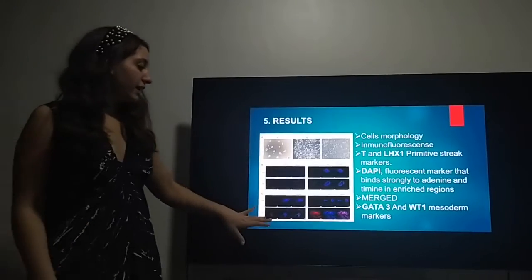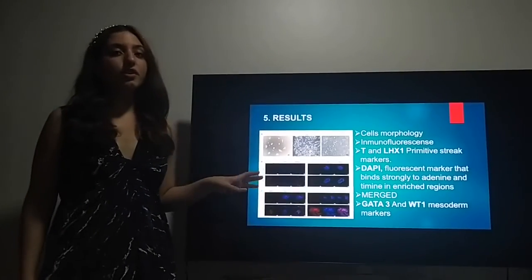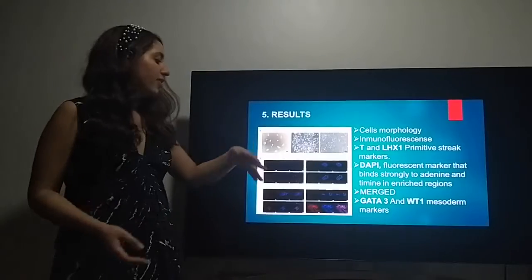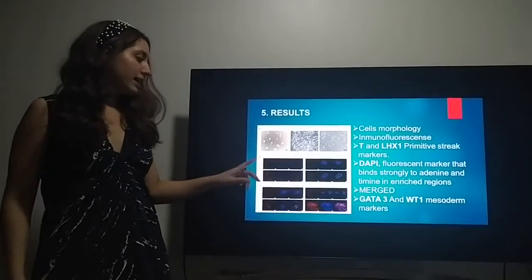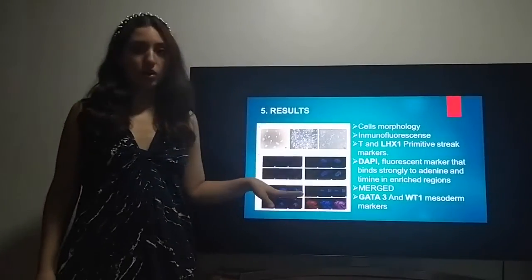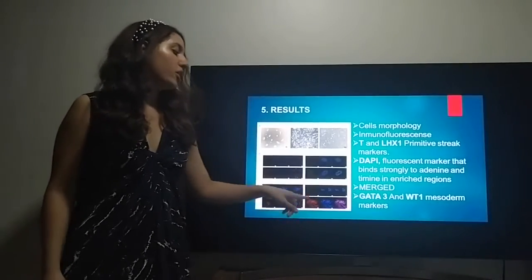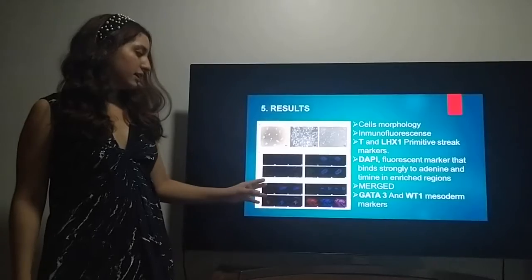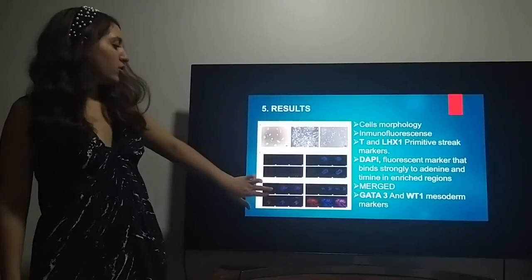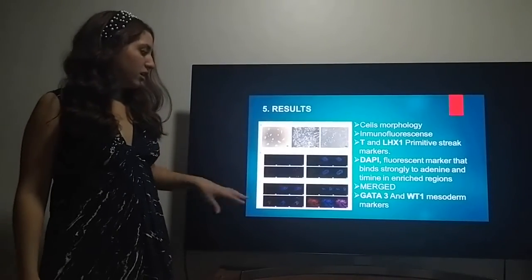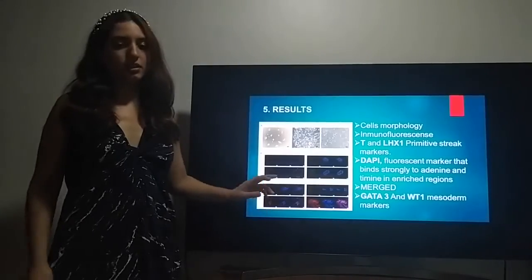On the 7th day, the organoid began to grow a little, so they had a little expression of GATA3 and WT1. So they were positive, and that's the reason you can see the line here. Merge means that they merge the two fluorescence inks.